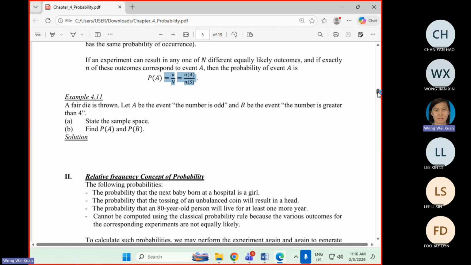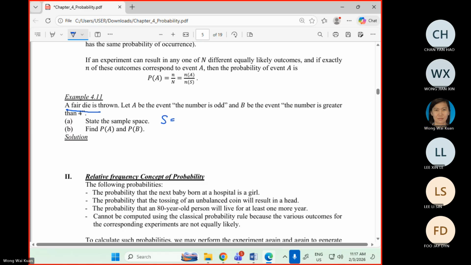So when they are equally likely, when you have a die drawn, what is my sample space? What could you get? You could get 1, 2, 3, 4, 5, 6. And the probability of getting a 1 or any one of them is 1/6 because equally likely.